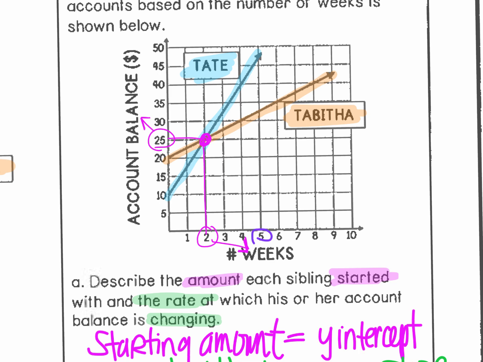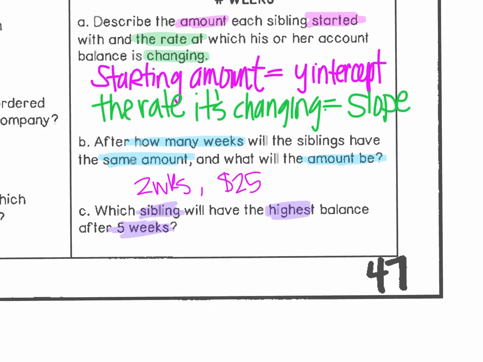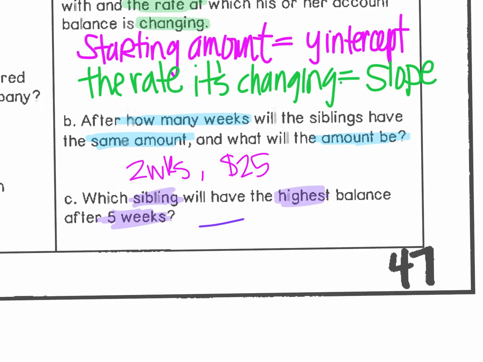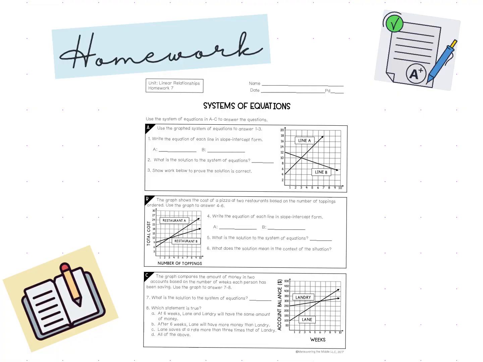I'm going to go straight up the 5 line, not stopping here because it doesn't say who has the lowest amount. Keep going up the 5 line because it says who has the highest amount of money at 5 weeks. And at 5 weeks, Tate is higher than Tabitha. So I don't need to know how much money it is. I just need to know which sibling. So I write down that word. Tate.